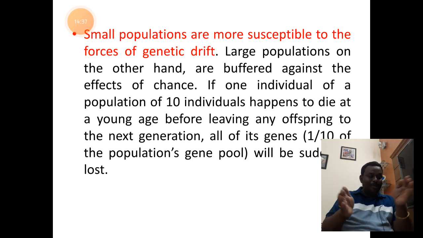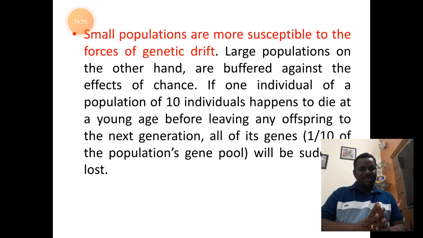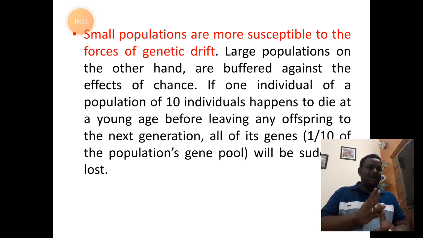So, if a smaller population shows genetic drift, the variation is very significant. The change in allelic frequency is very significant when we compare it to a larger population. So, genetic drift requires a very small population. So, random change, small population. Random change is due to chance, due to disasters and the migration process.